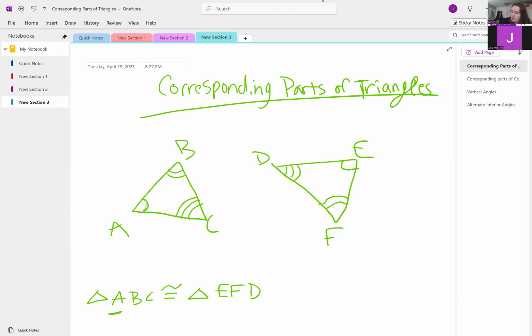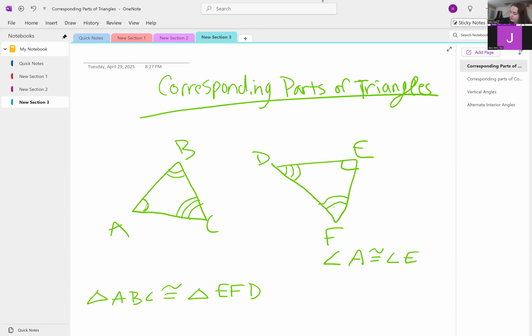So angle A is the same as E. We're saying that those two are congruent. B is the same as F, and C is the same as D. We can claim that, or we can write these out too. So if we're going to say that all these angles are the same, we'd say angle A congruent to angle E. And this is the symbol we use for angle, it looks like the less than sign.